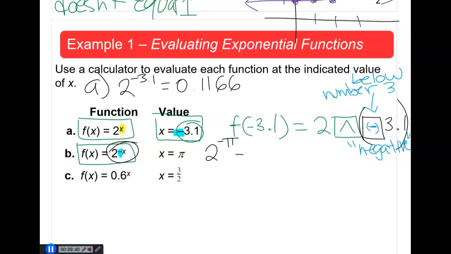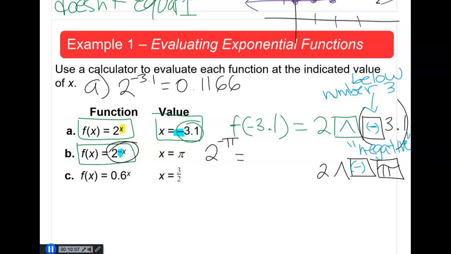And so what I would suggest is that you locate the pi button on your calculator, because WebAssign is not going to want you to enter something with an approximation for pi. So it will be 2 exponent, and then again the same key with the negative sign, and then the key or button that has the pi symbol.